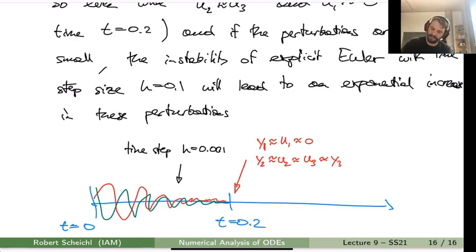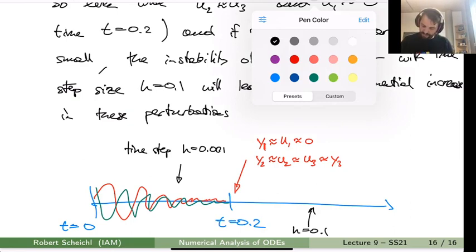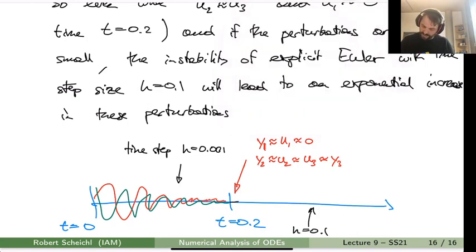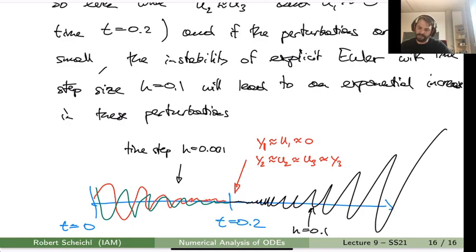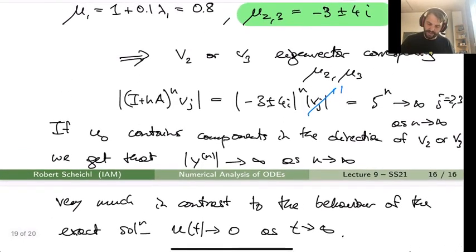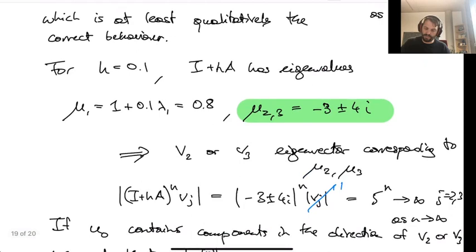So if I now said, okay, from now on the ODE actually doesn't do any bad things anymore, and I choose 0.1 here, then although one thing is already almost 0, it will basically start to oscillate, and then eventually it will blow up, because a small proportion of the error will be in the direction of the second and the third eigenvector, and I plus HA to the n vj with step size chosen 0.1 increases exponentially with 5 to the n.